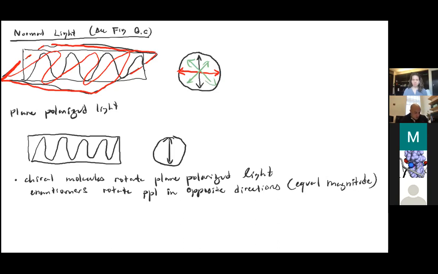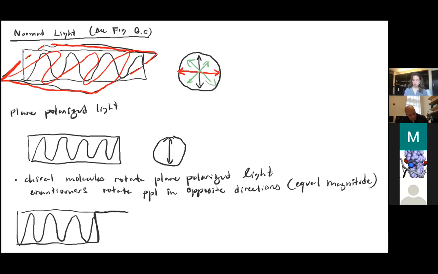So enantiomers rotate plane polarized light in opposite directions, and the magnitude of that rotation for each enantiomer is equal, okay? If I wanted to show this schematically, I would draw my plane polarized light traveling along, and then I'd have what I call a cell. Many of you have probably done UV-vis spectroscopy.